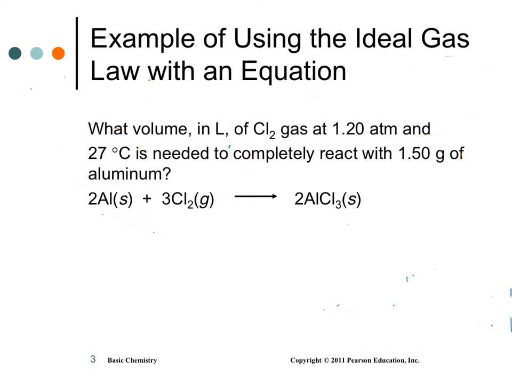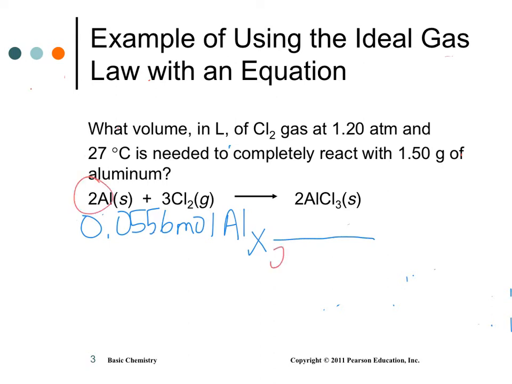All right, so the number I had was 0.0556 mole of aluminum. Now, I need to use my balanced equation to figure out how many moles of chlorine I have. So, of course, you remember, I got 2 mole aluminum, and I have 3 mole of chlorine.